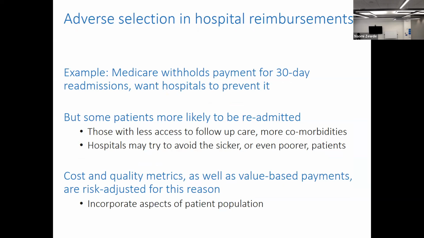But some patients are just more likely to be readmitted. For patients in poverty, it's harder to do the follow-up treatment, or to make your environment the way it should be to support health and recovery. So hospitals want to avoid those sicker patients because they lose money whenever they get readmitted.